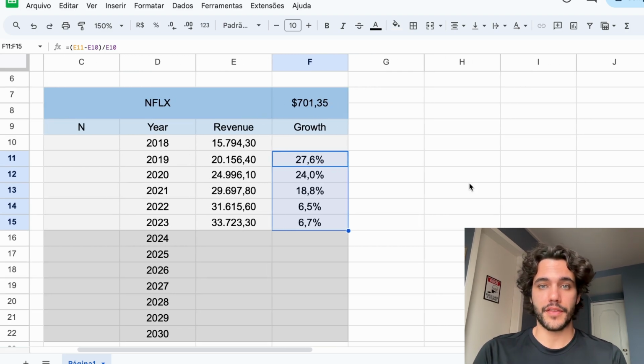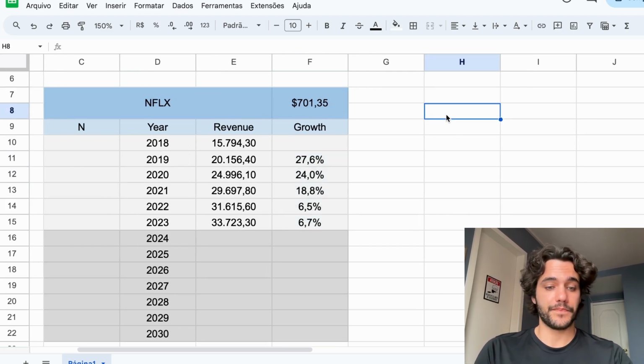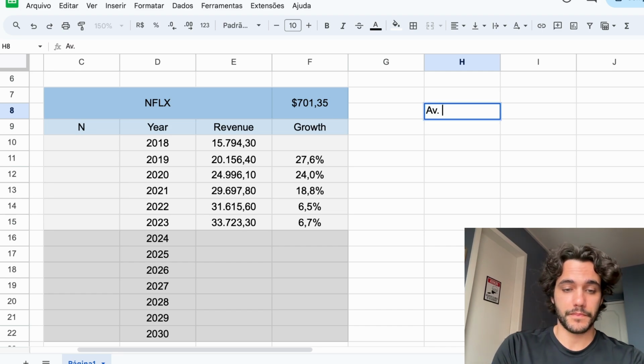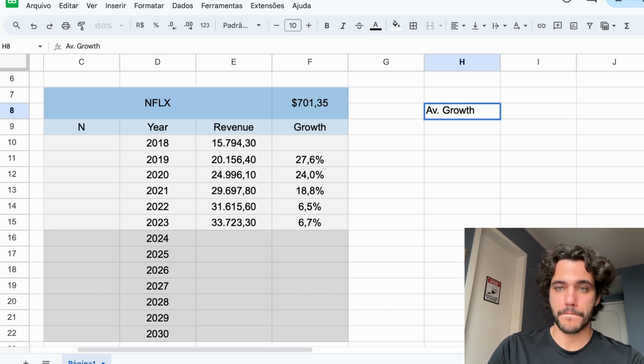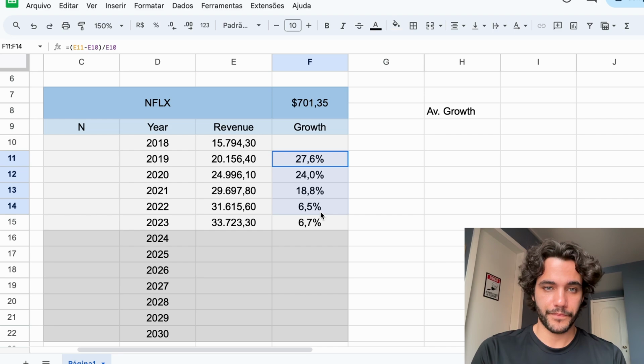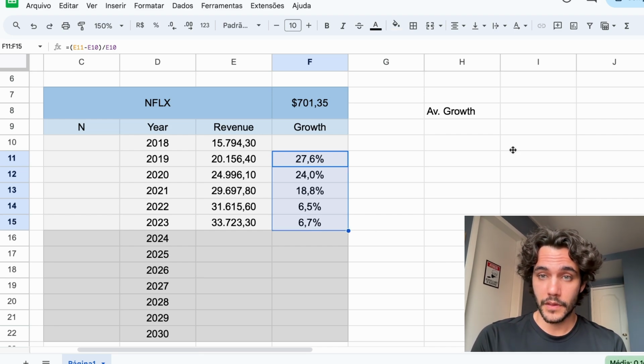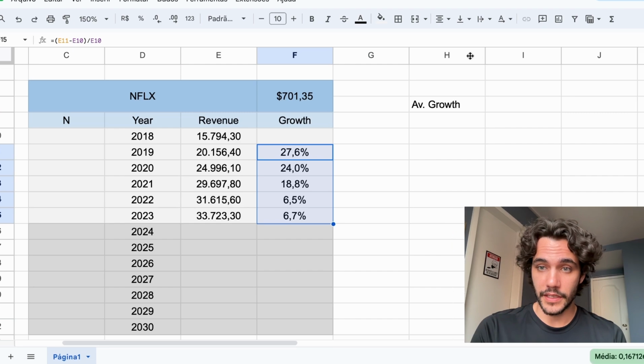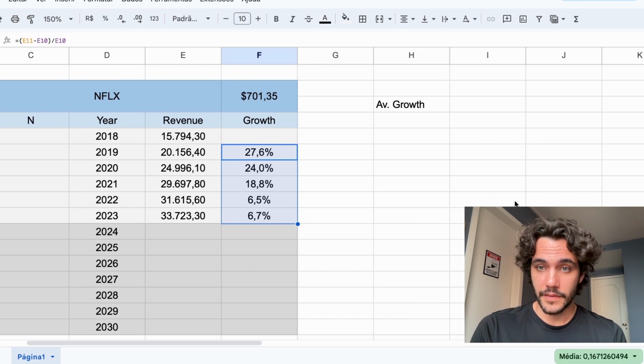Let's start with Netflix average growth rate, which is 16%. You cannot see it, but here it is. Here, 16%.